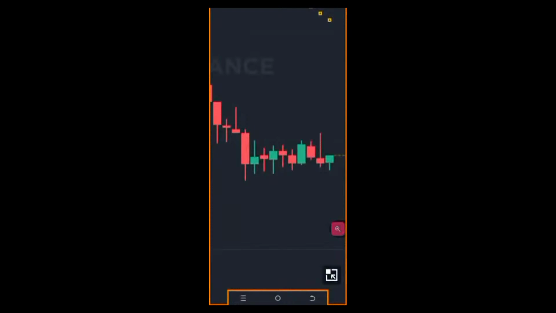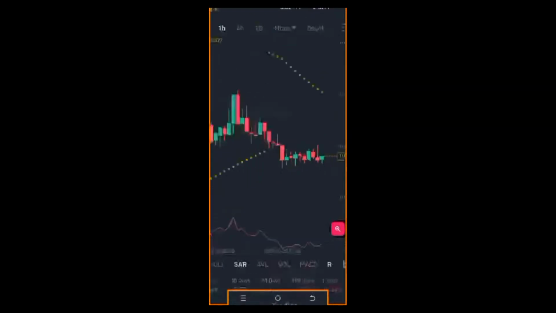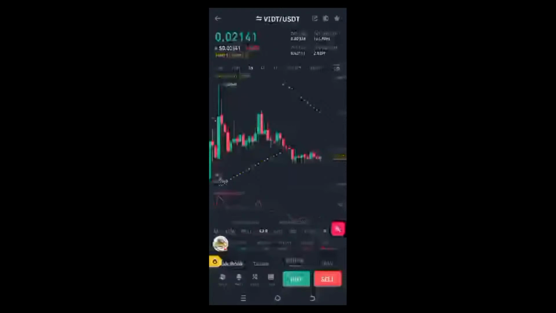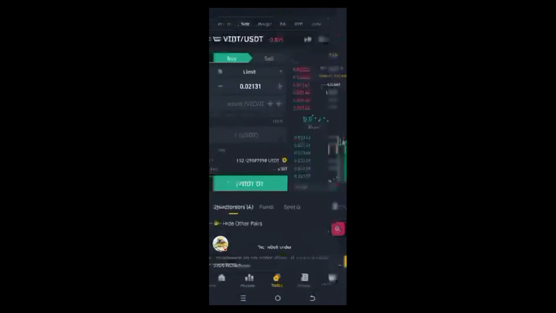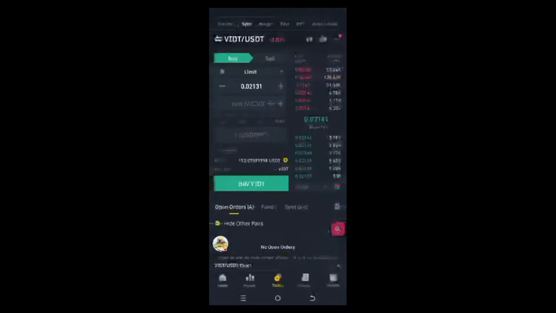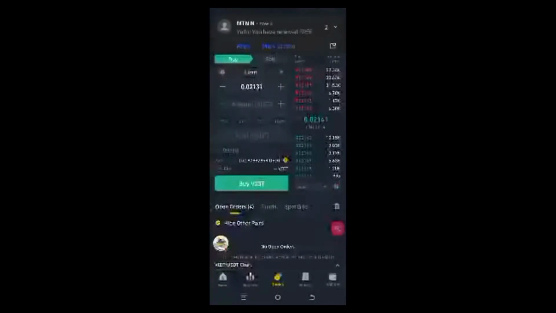It has some turbulence and it's trying to stabilize, deciding whether it's supposed to go up or not. But anyways, that's a story for another day. We are currently out of the trade. So VIDT, yeah, good one. We made $1.05 minus the fees. We actually made $1, which is 2%.